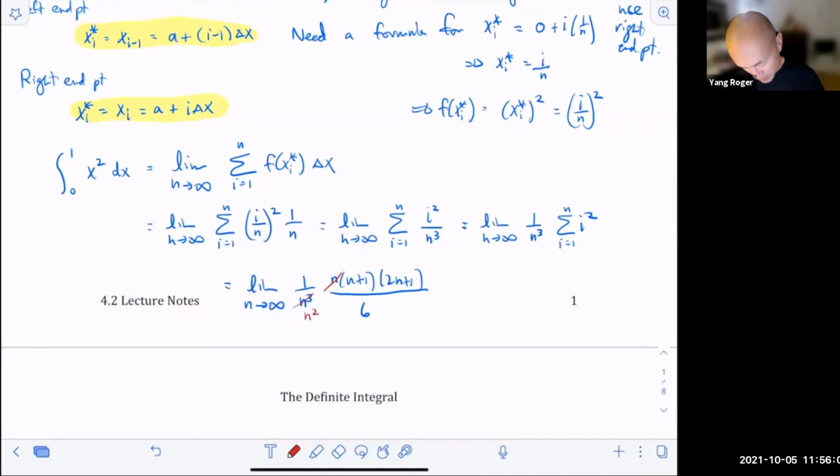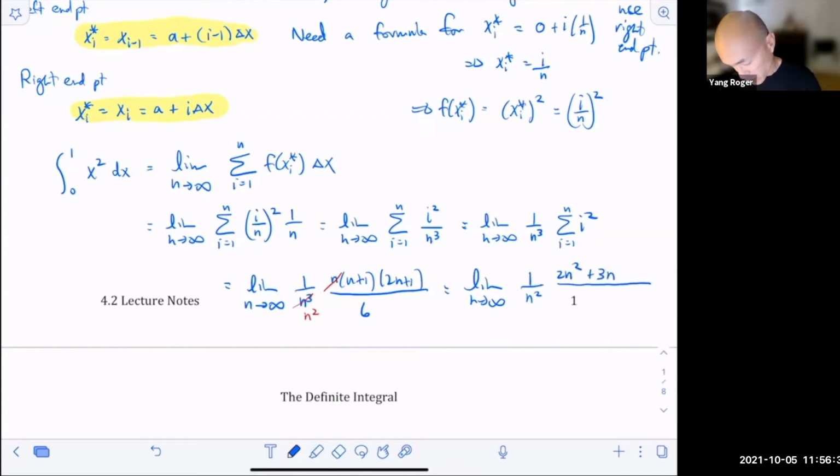And then I can multiply out the top. So this is going to become the limit as n goes to infinity. Sorry, hold on. I've got 1 over n squared. That's still there. I'm going to multiply out the top. The first is going to be 2n squared. The outside is going to be n. The inside is going to be 2n. So that's going to be a 3n in the end.